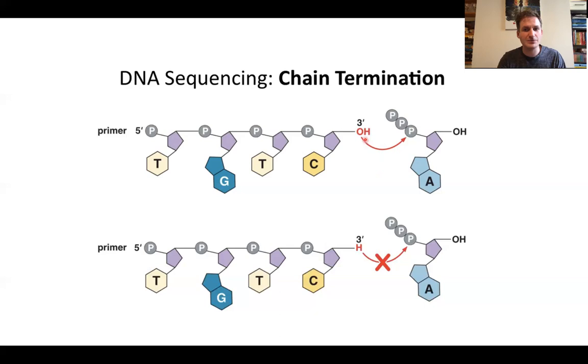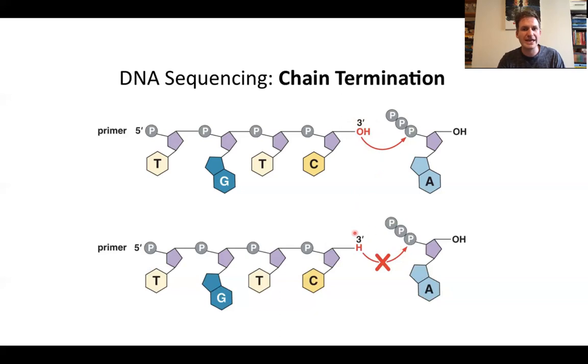But you absolutely need that 3 prime hydroxyl group. So you need that oxygen there. If oxygen is lacking at that position, you cannot add a new dNTP, they call it, or a new base.